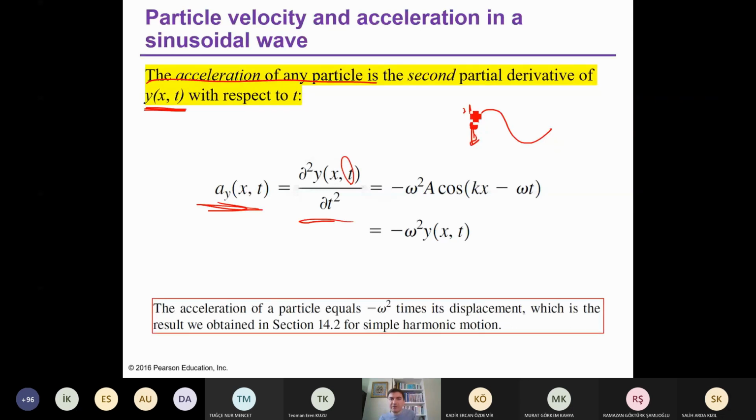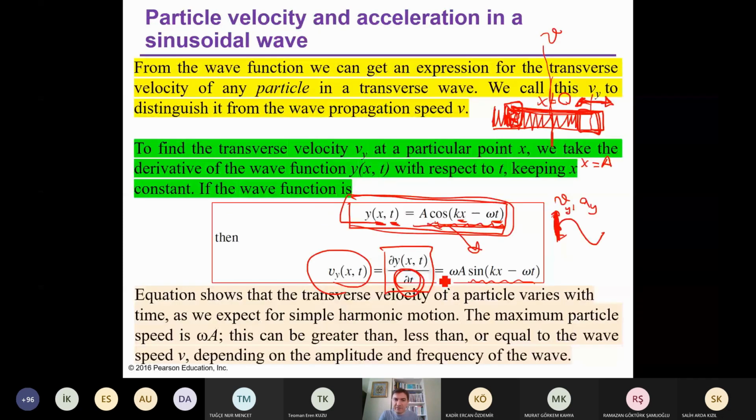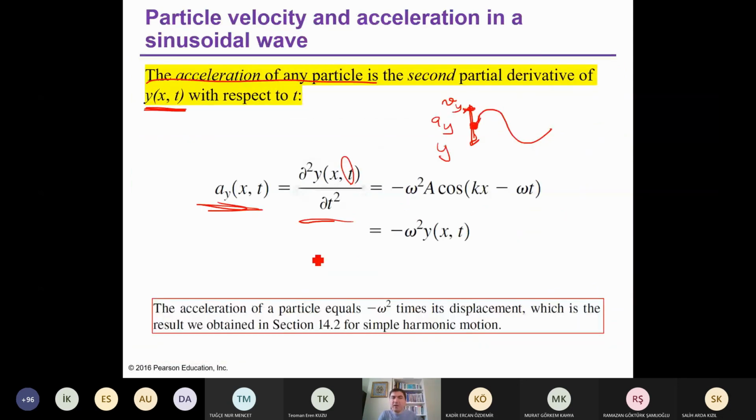And its velocity changes, its acceleration changes, its y position changes by time, okay? So this equation gives us its y position as a function of time. This equation gives us its y velocity as a function of time, and this equation gives us its y acceleration as a function of time.